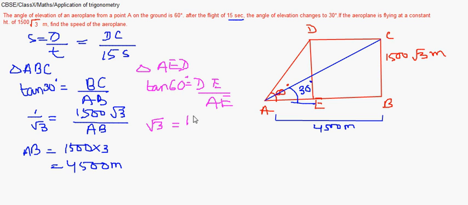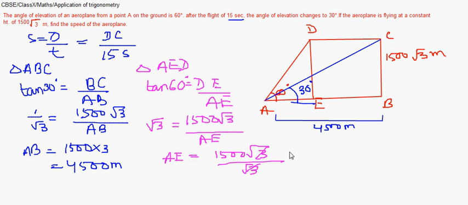DE is 1500 root 3 by root 3, so AE is 1500 root 3 by root 3, that makes it 1500 meter.